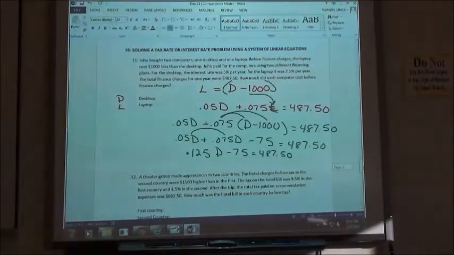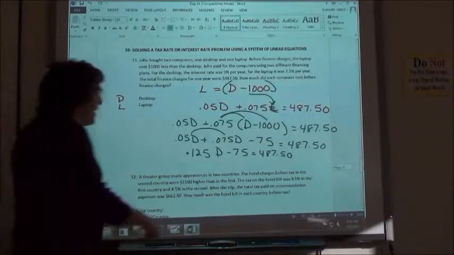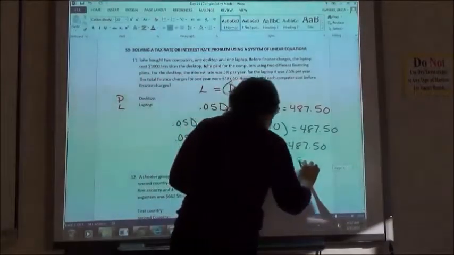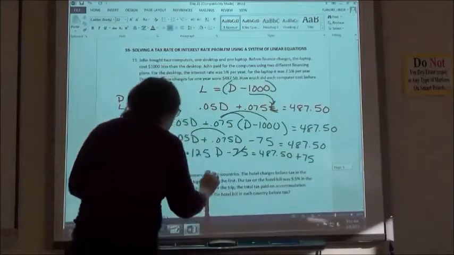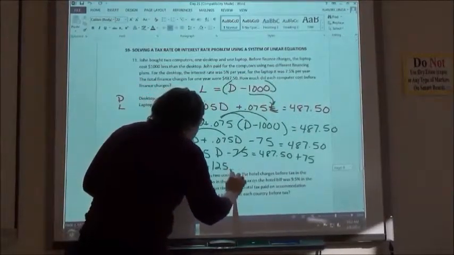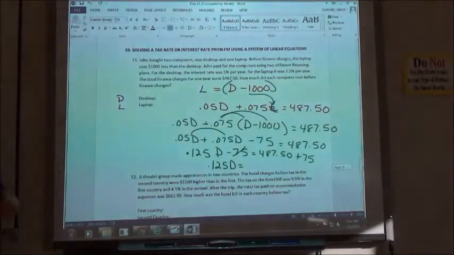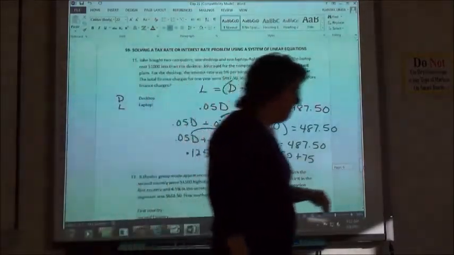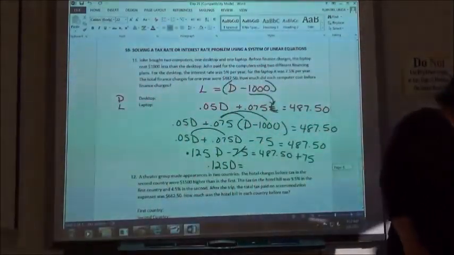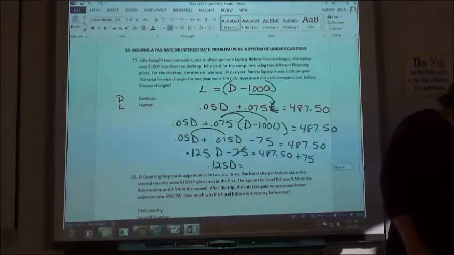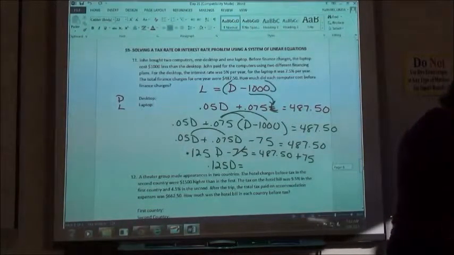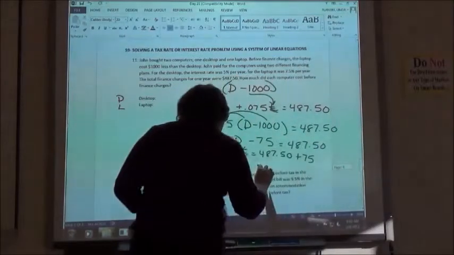In order to solve that, I've got to move my 75 to the other side. So I'm going to add my 75. 0.125D is going to equal, and what's 487.50 plus 75? 562.50.